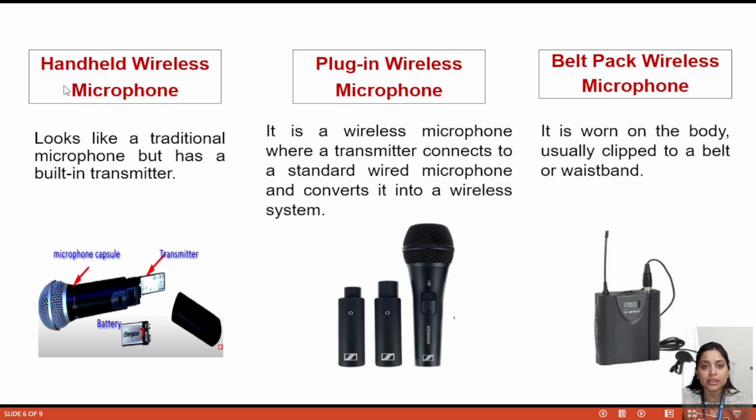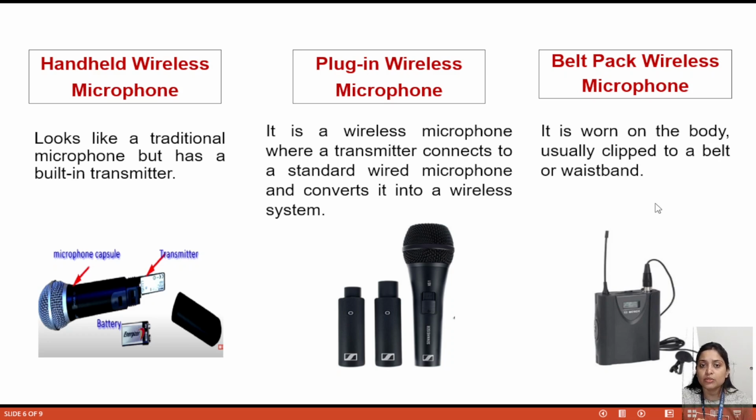Then there are some different types of transmitters, and I have given figures and a little description. So the first one is the handheld wireless microphone. I think on many occasions you have seen that we use this type of handheld microphone in our hand, so it is called the handheld microphone.